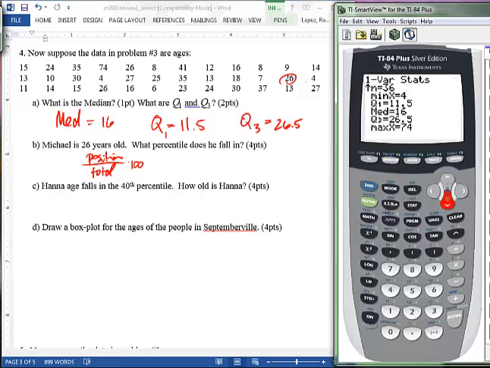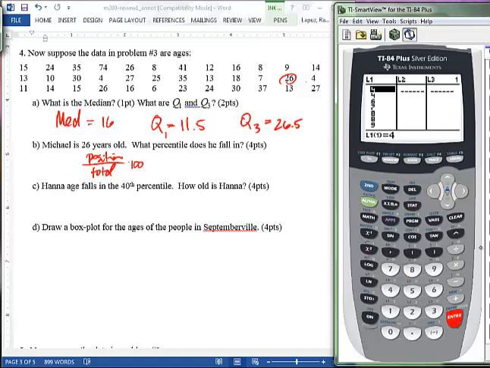So we go to our sorted list. We'll hit Stat and enter, and then we'll scroll down until we see 26. It may occur, like in this situation, that 26 comes up 1, 2, 3 times.